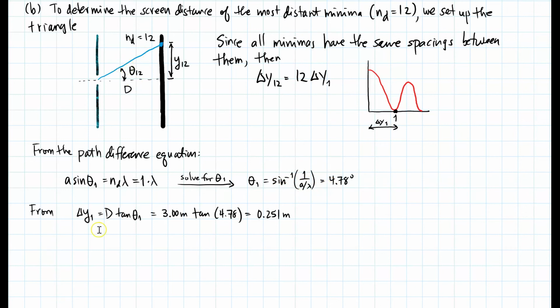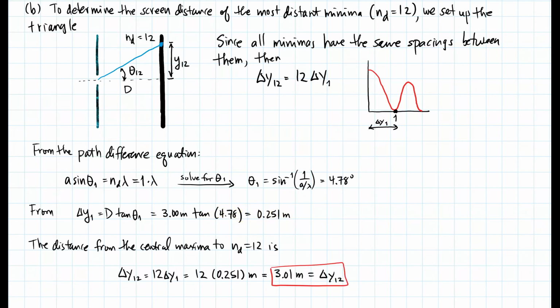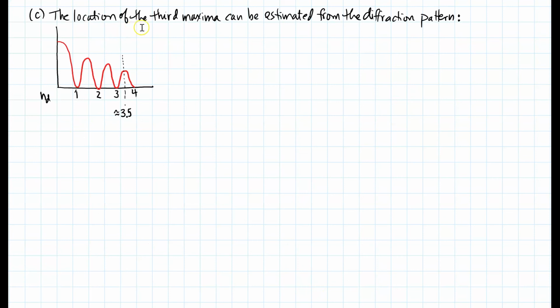From the above triangle, I get delta y1 is going to be D tan of theta 1, which will then be 3 times the tan of 4.78 degrees, so I get 0.251 meters. The distance from the central maxima to ND equals 12 is then delta y12 equals 12 delta y1, which then is 3 meters.